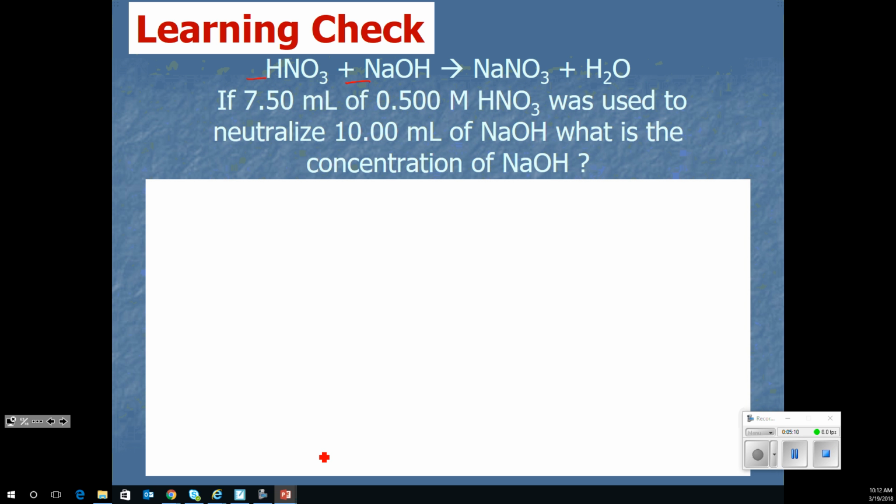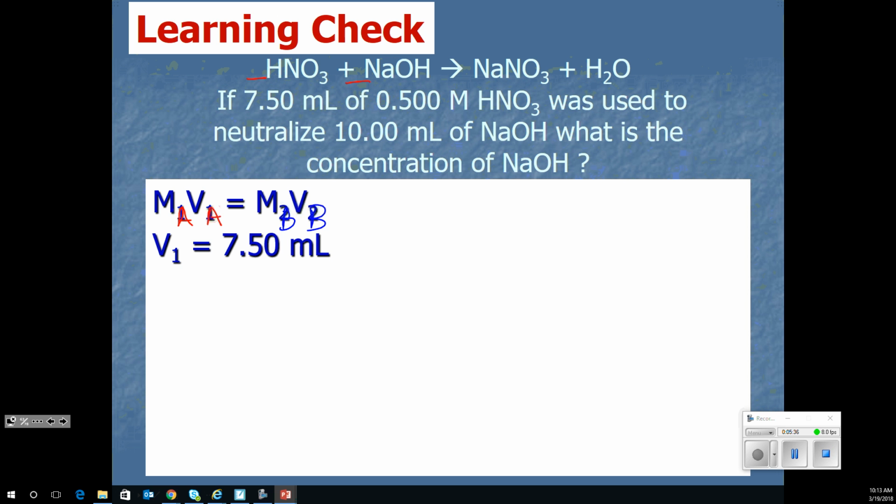Okay, so let's see how you did. Remember, you should pull everything you've got out of the story problem, because story problems are there to mess you up. So I'm going to use MAVA equals MBVB. Okay, and since I've got the number of acids is equal to the number of hydroxides, I don't have to put those in.